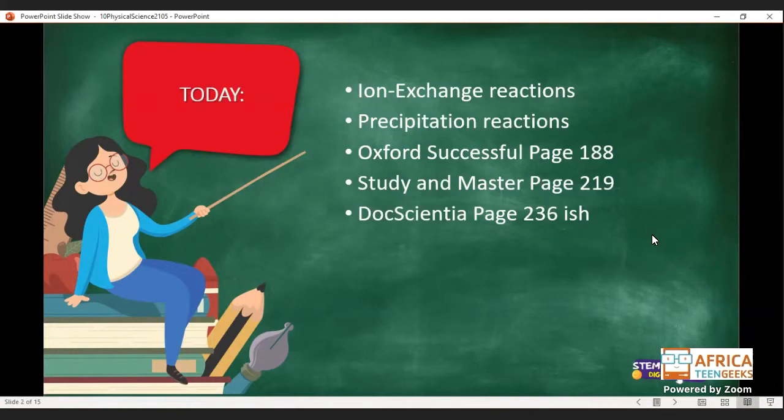For those of you who do not have textbooks, please do yourself a favor. Download Snaplify with 2 P's. Snaplify. And you can then download a whole bunch of textbooks for free. Okay. So what a lot of companies have done, Oxford is one, Study and Master is another, and the Mind Action series.